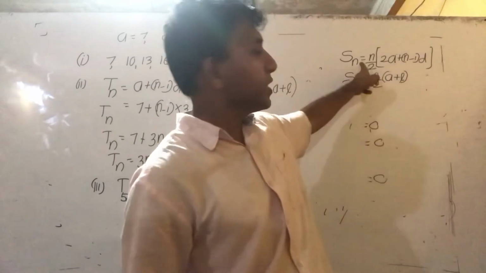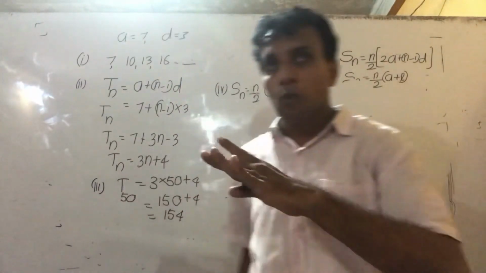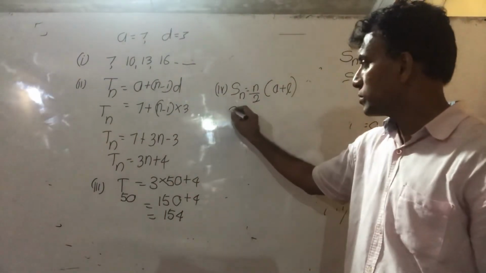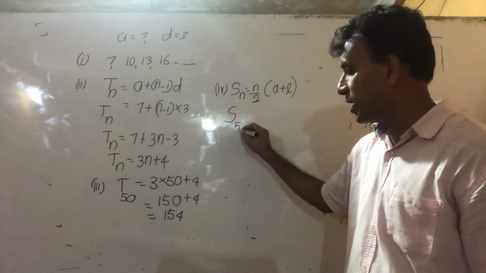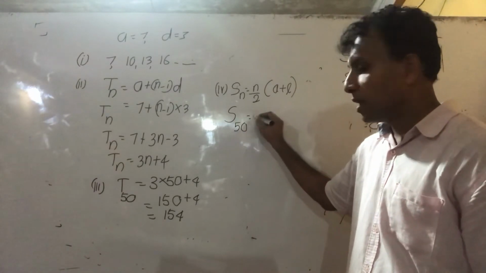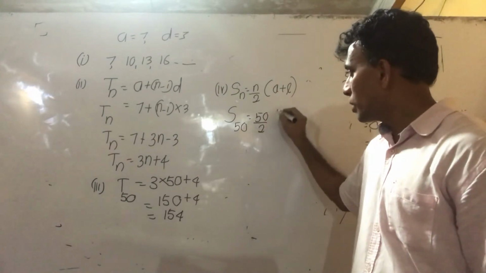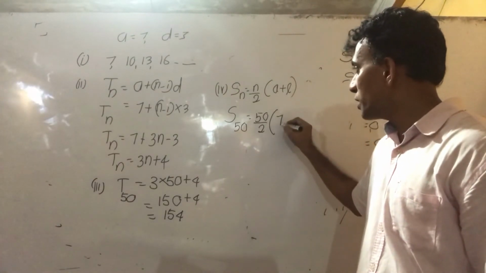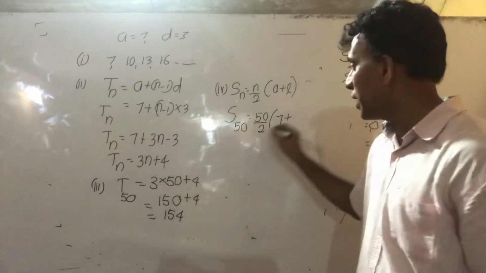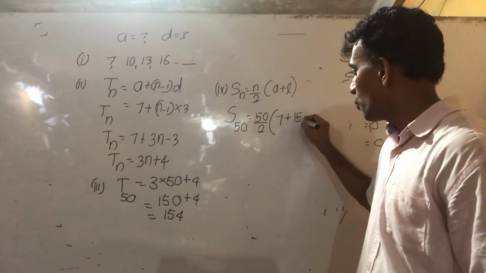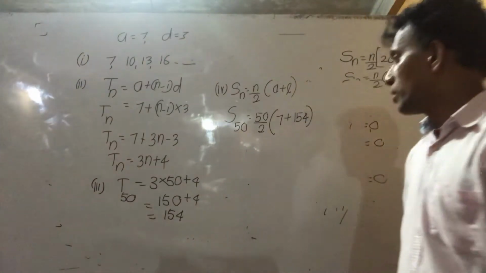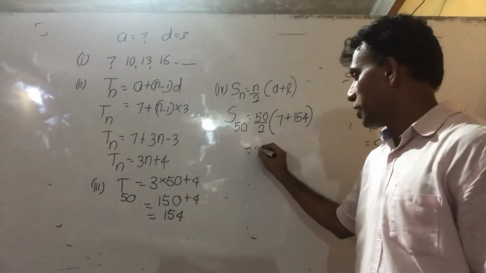You can apply the other formula also, but this is the most suitable, right? So S50 equals N for 50 by 2, A for 7, L for 154, okay?